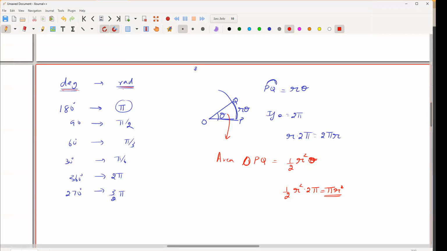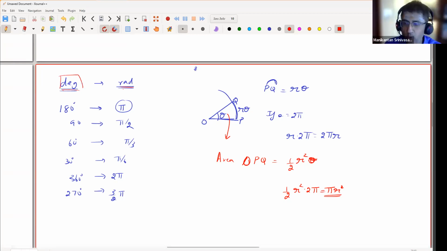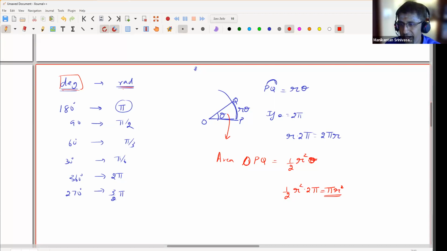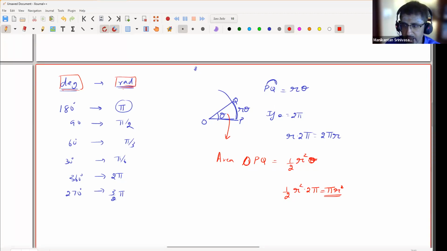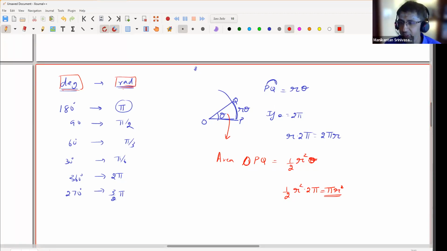Oh, okay. So maybe I'll just quickly recap, right? There are two measures for angle: one is degrees and one is radians. Just like you can measure length in meters or feet or inches or centimeters, an angle can be measured using two different units. Degrees is what you have commonly studied until now. Radians is another measure of angle, and it is the more formal measurement.